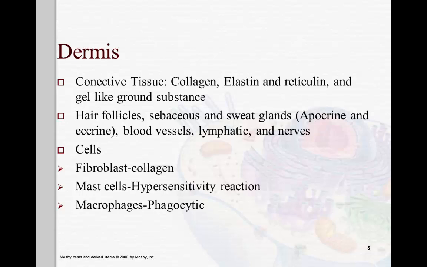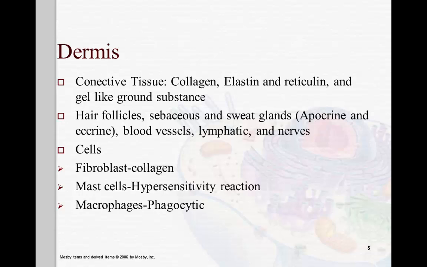Sebaceous glands are present, divided into apocrine and eccrine glands. The dermis assumes the important function of thermoregulation and also supports the vascular network to supply the avascular epidermis with nutrients. Because remember, the epidermis has no vessels.